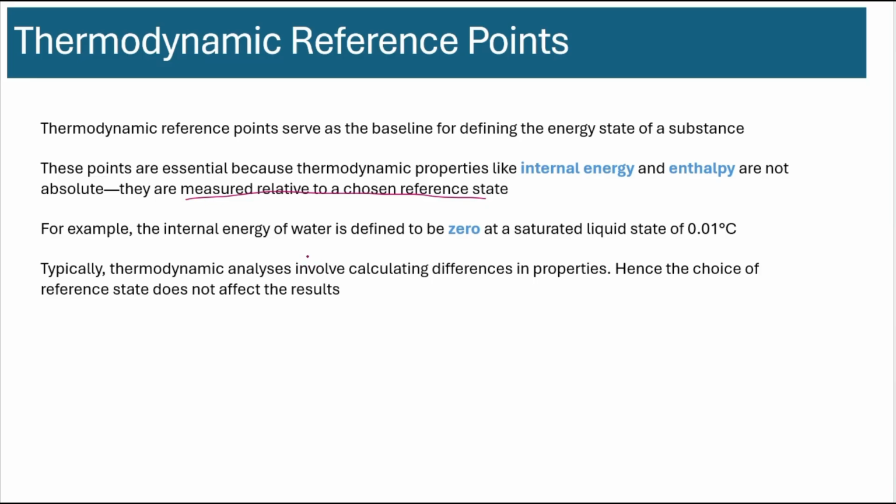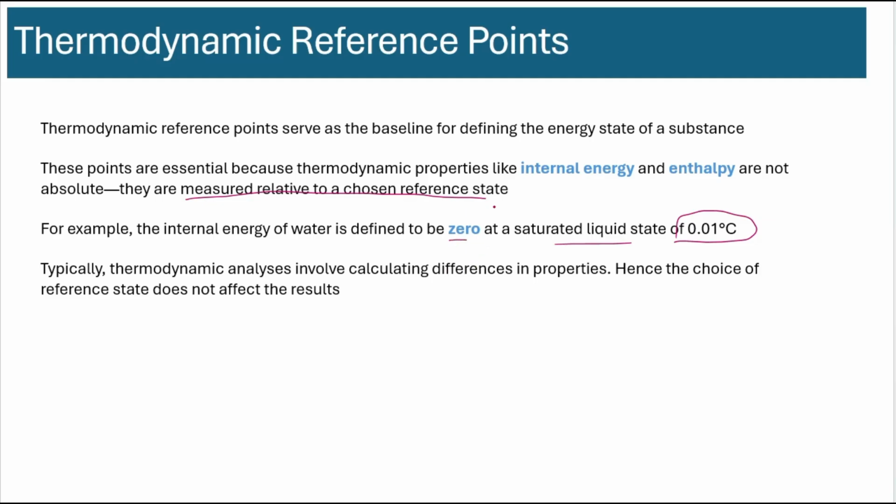For example, the reference point for the internal energy of water is at 0.01 degrees C. Okay, it's a saturated liquid state at 0.01 degrees C, very close to the freezing point of water. So at that condition, the internal energy of water is defined to be zero.